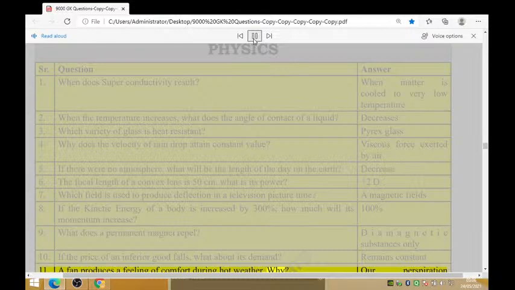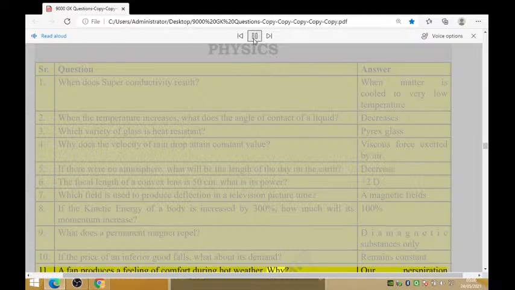13. Which is the correct device for the detection of thermal radiation? Thermopile. 14. The pressure at the bottom of a liquid tank does not depend on which area? Area of the liquid surface. 15. With the rise of temperature, what will be the surface tension of a liquid?